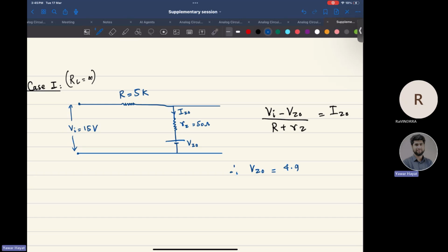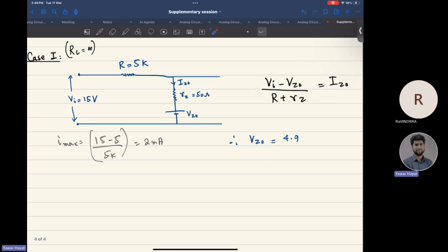Even if you go by this one, your I max would be 15 minus 5 whole divided by 5 kilo ohm, that is 2 milliamp. If this 2 milliamp current flows through the 50 ohm resistor, it would produce a voltage drop of 0.1 volt.